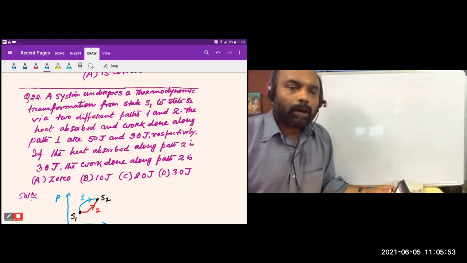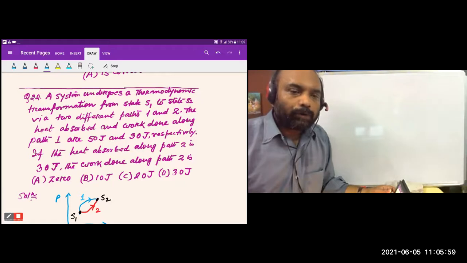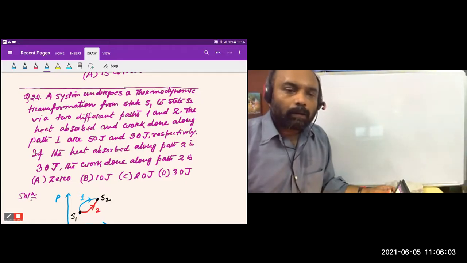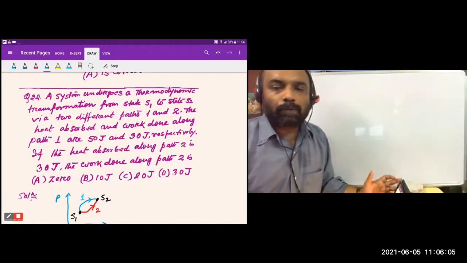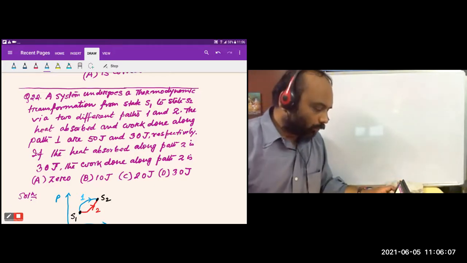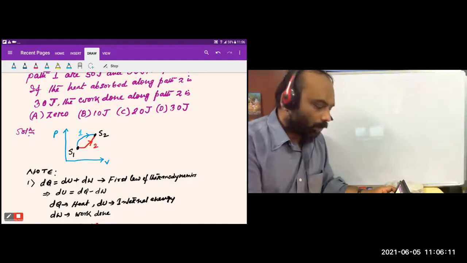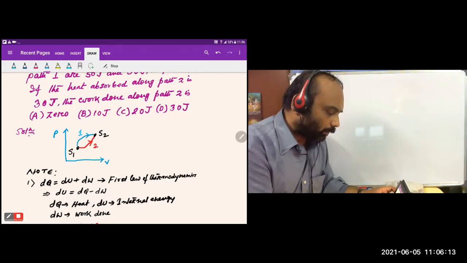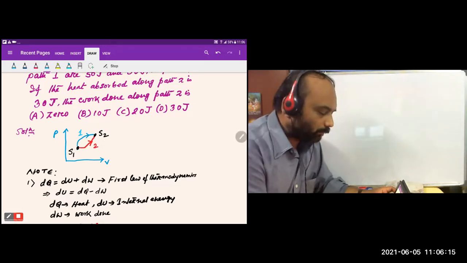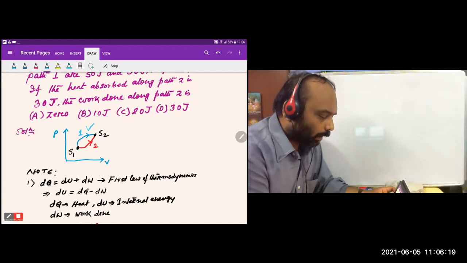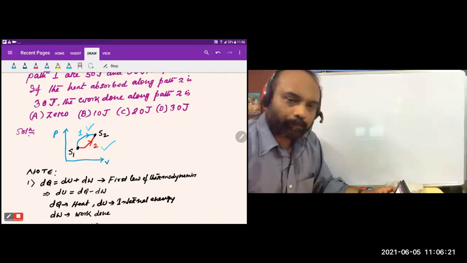If the heat absorbed along path 2 is 30 joule, the work done along path 2 is, four options are given. So we can draw the PV diagram. So state S1 and state S2, the system goes through path 1 and path 2.